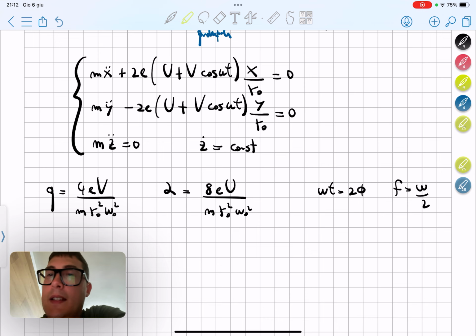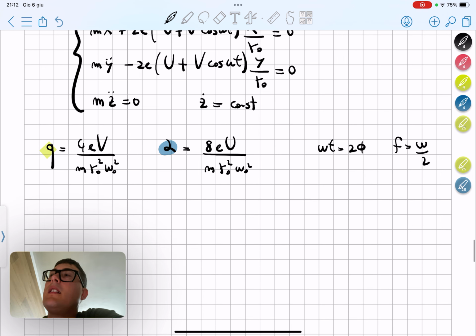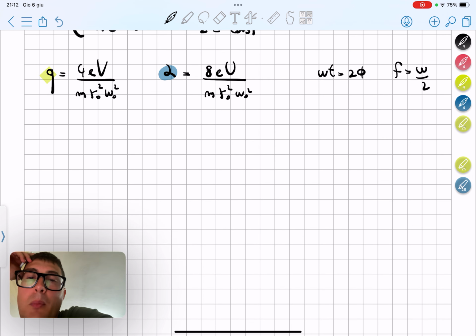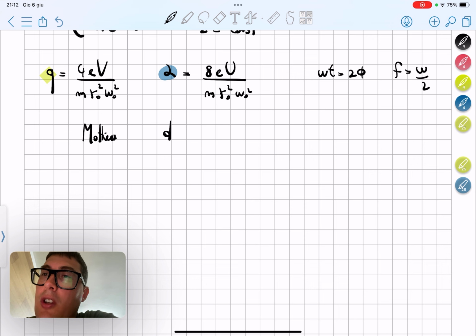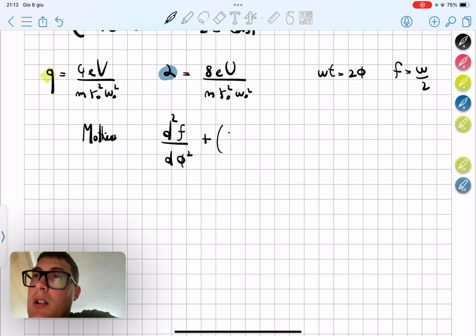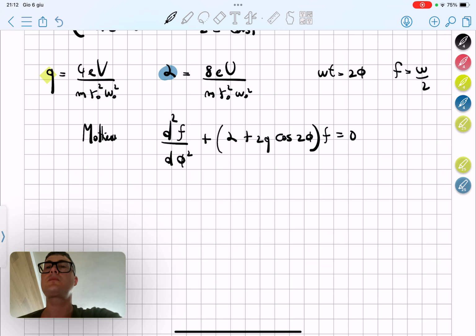With all of these coordinates, we can rewrite the set of equations above as an equation which goes under the name of Mathieu or something like that equation, which is d squared f d phi squared plus alpha plus 2q cos 2 phi f equal to 0.